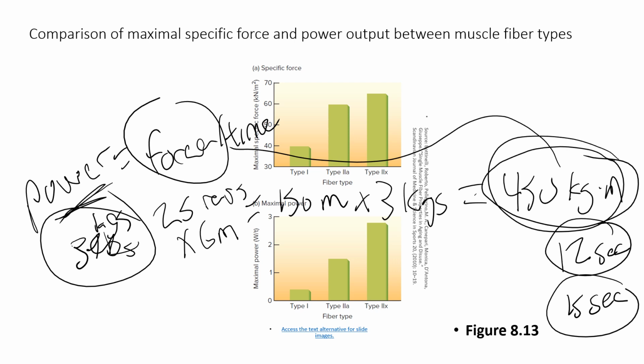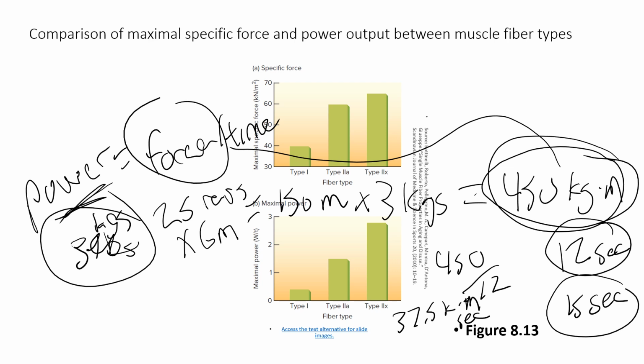So here's what you would do. You would take 450 kilogram meters and you did this over 12 seconds. That equals 37.5 kilogram meters per second. Okay? That is your power. 37.5 kilogram meters per second.